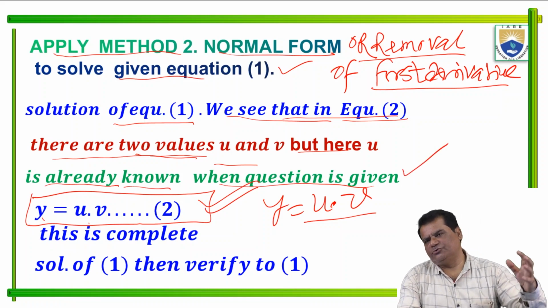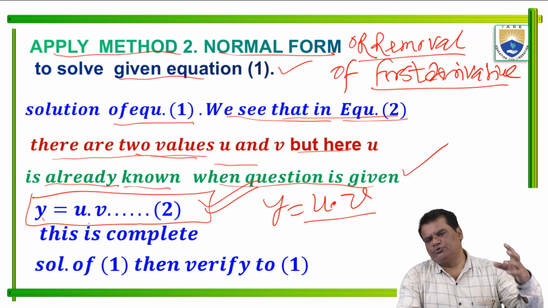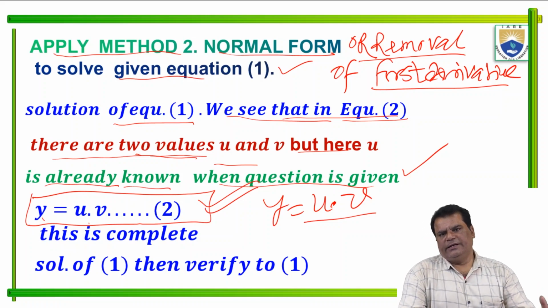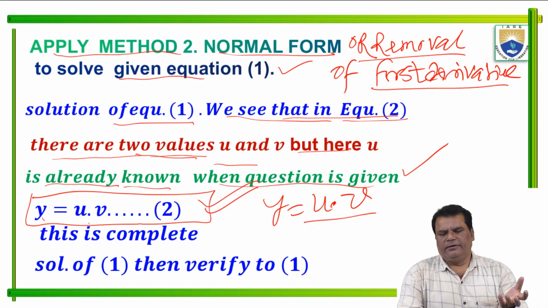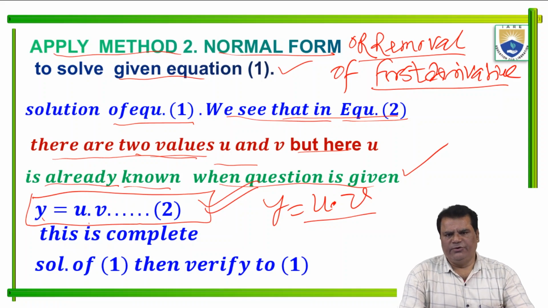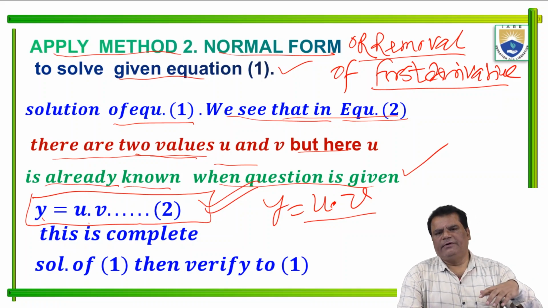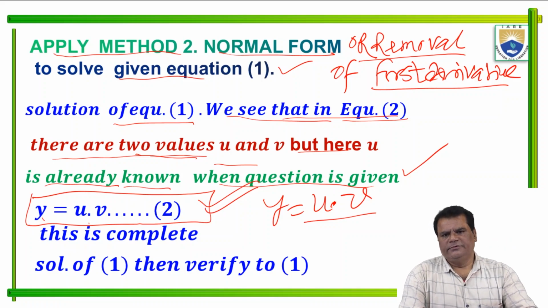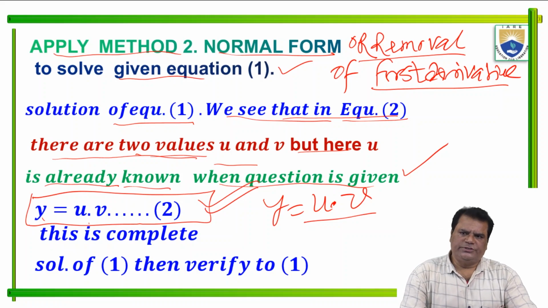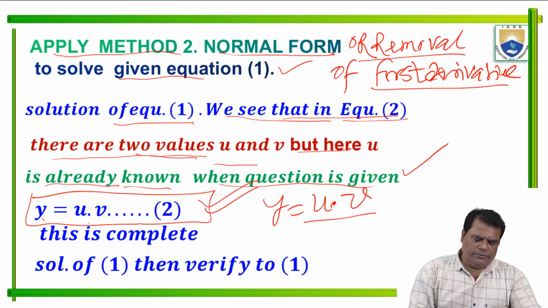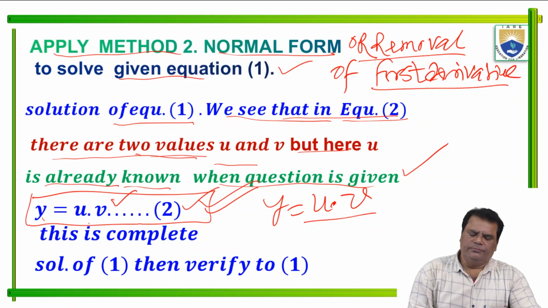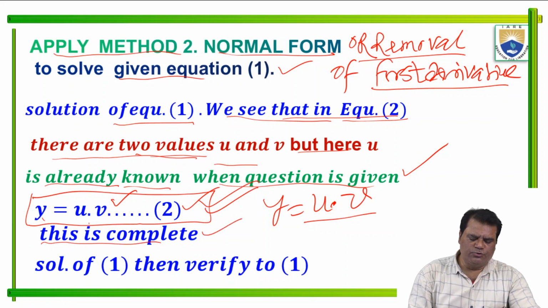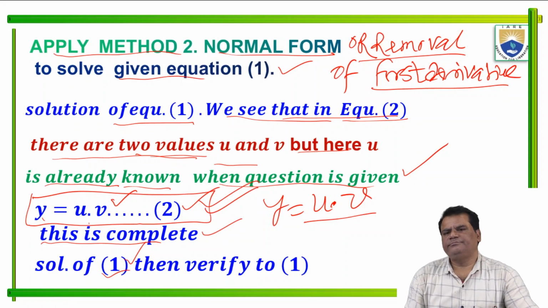In this question also, when we start to solve, we have a formula for finding the value of u. So we get the value of u at the start of the question. So y equal to uv, this is equation 2. We consider y equal to uv as the complete solution of 1.